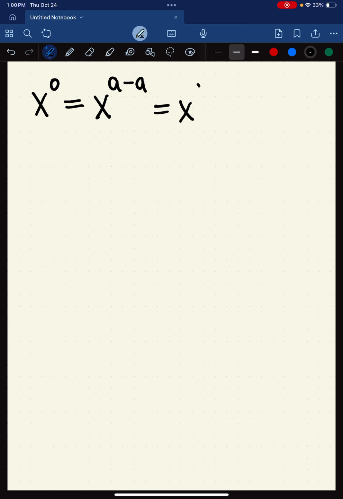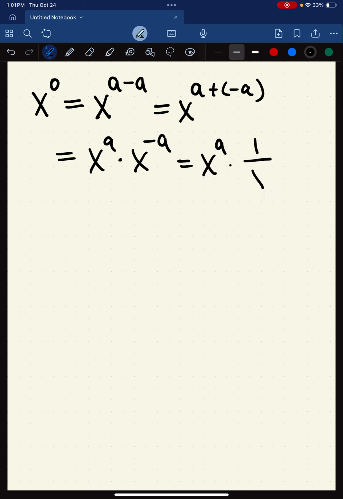Well, we know from before this is x to the a plus negative a, which is x to the a times x to the negative a, which is x to the a times 1 all over x to the a. And you can see anything divided by itself is just 1. So that's why x to the 0 is 1.